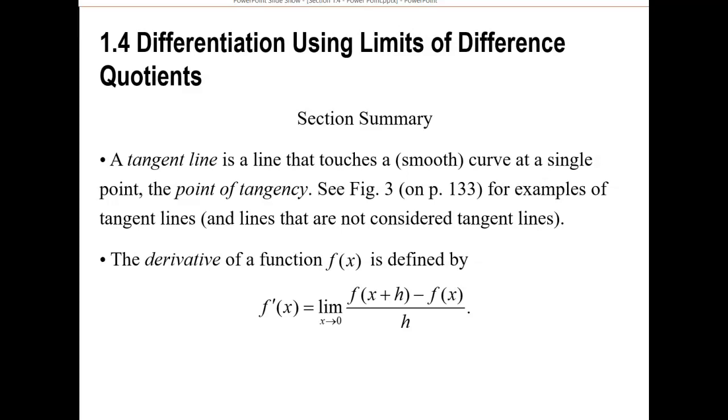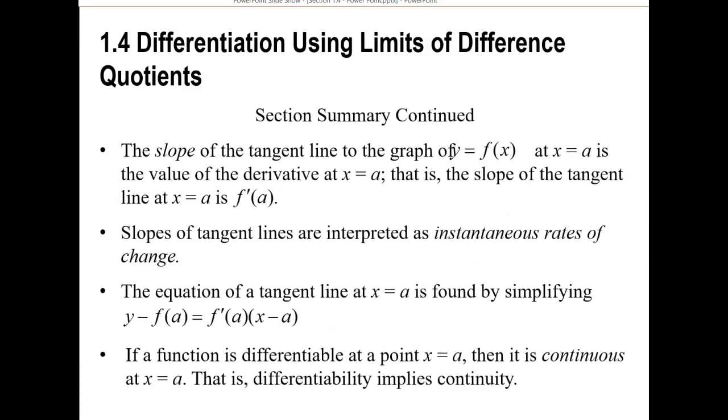The derivative of a function is defined to be f prime of x equals the limit as h approaches 0 of f of x plus h minus f of x over h, the limit of your difference quotient. The slope of the tangent line at A is the value of the derivative at A. So if you find the derivative and plug in a point, that's the slope of the tangent line at that x value.